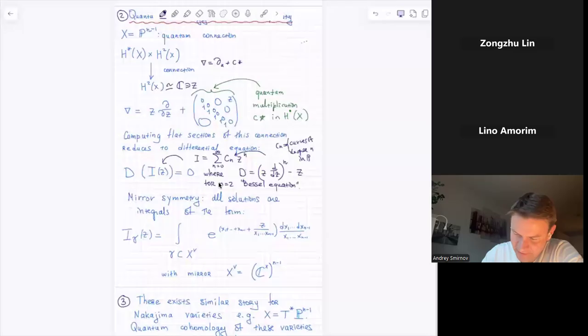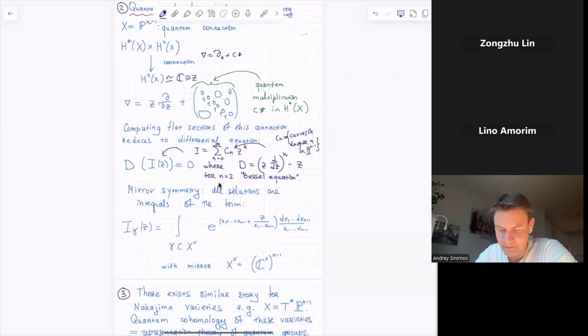It's not exactly like this because they are rational numbers, but to say it more precisely, they are certain integrals over the moduli space of curves in projective space and so on. So the coefficients of this power series, this is called the J function, are related to Gromov-Witten invariants, one-point Gromov-Witten invariants of this variety.